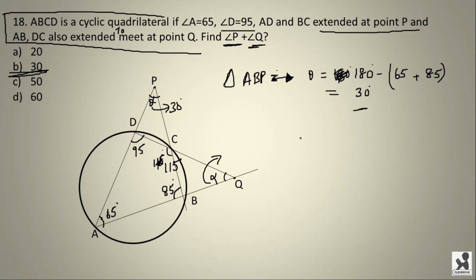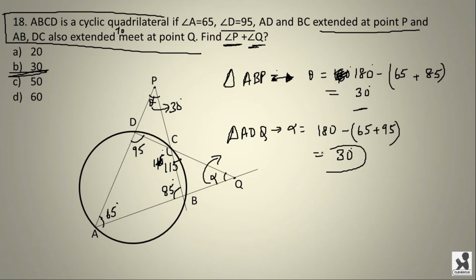Here we have to consider the triangle ADQ. We get alpha equal to 180 minus 65 plus 95. 65 plus 95 is 160, and we get the value of alpha as 20 degrees.